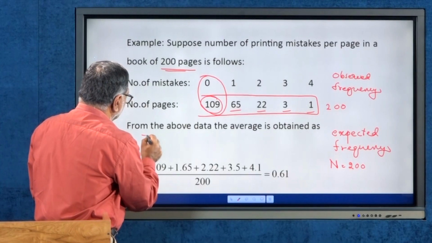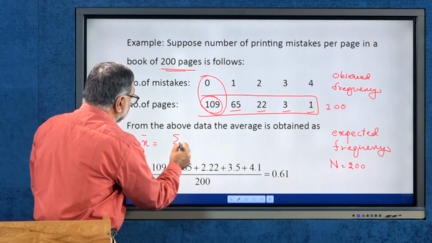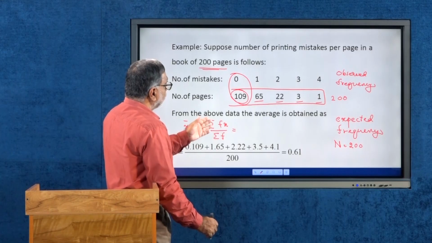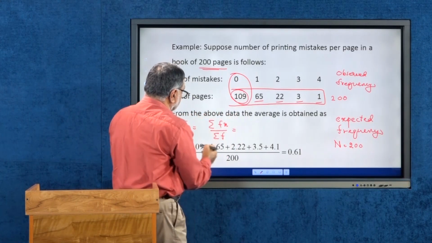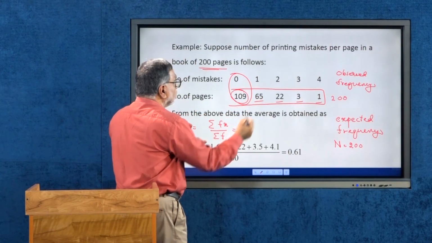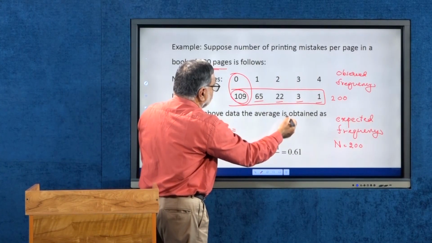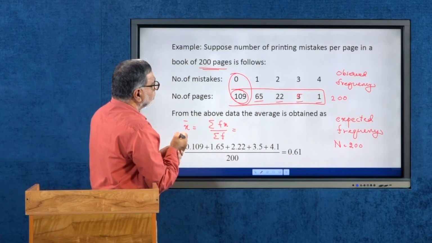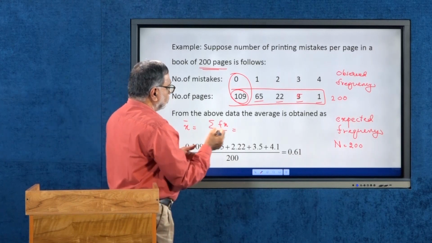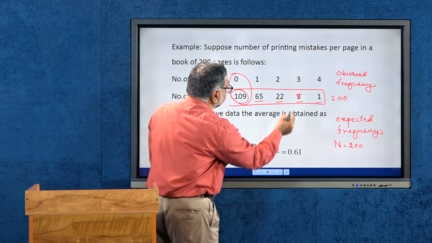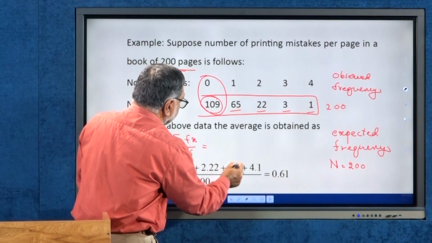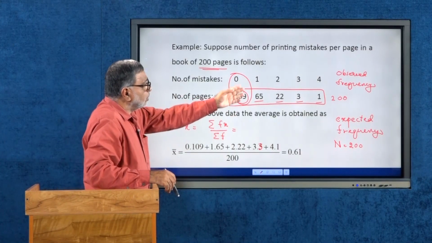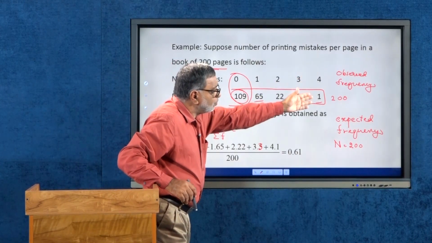So x bar, that is the mean, is equal to sum of fx divided by sum of f, and sum of fx means the multiplication of these two: 0 into 109, 1 into 65, 2 into 22, 3 into 3 and 4 into 1.